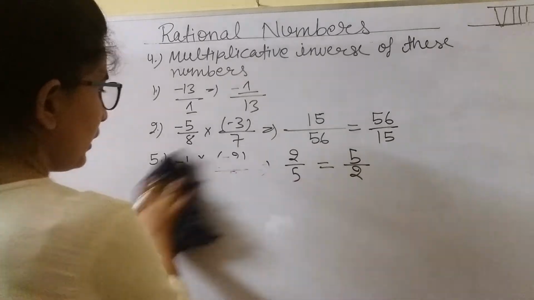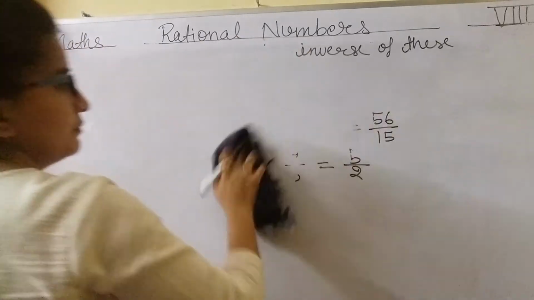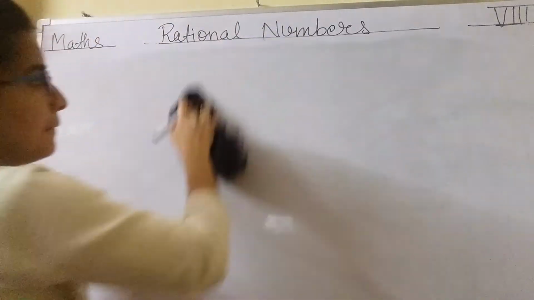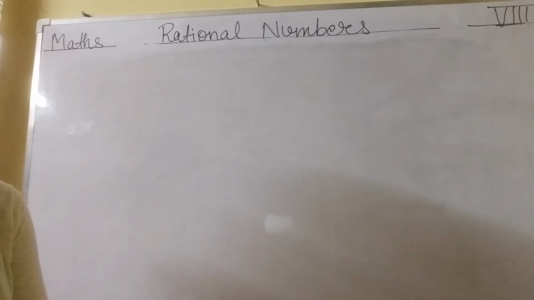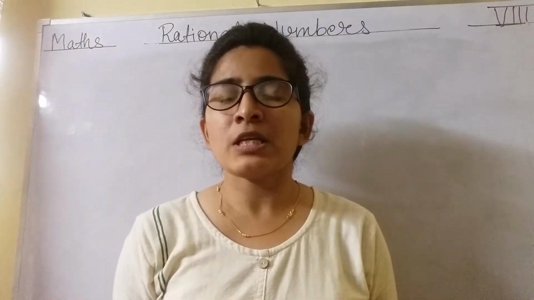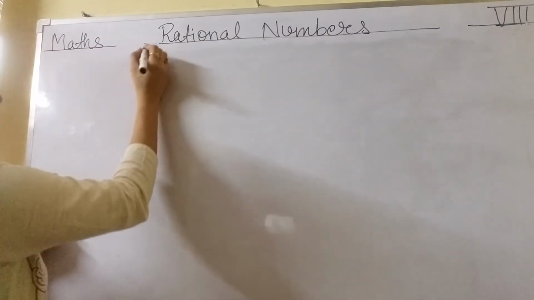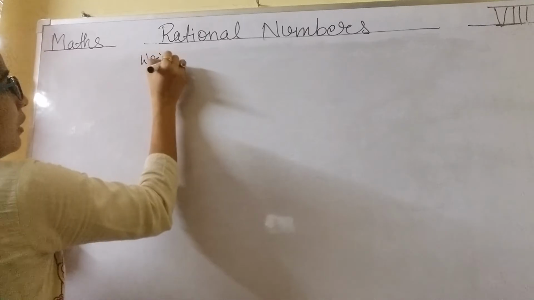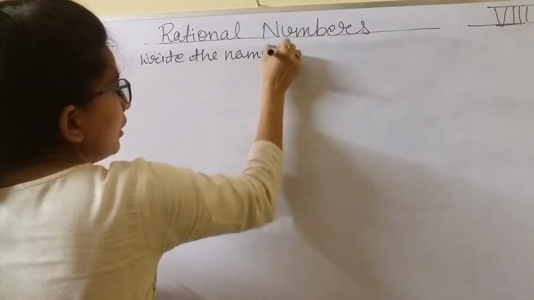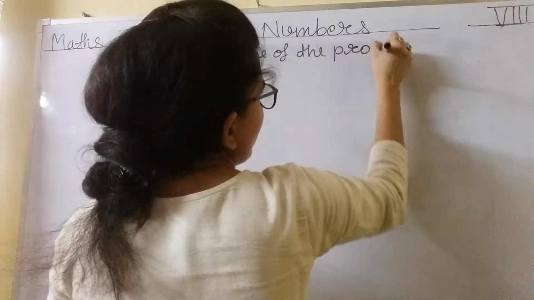Now the next question is, we have to name the properties which are used in the equations. Write the name of the properties which are used in the equations.